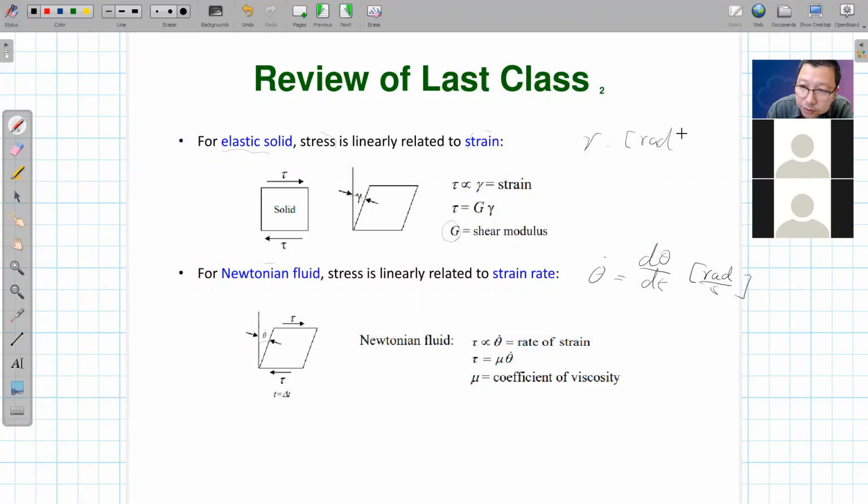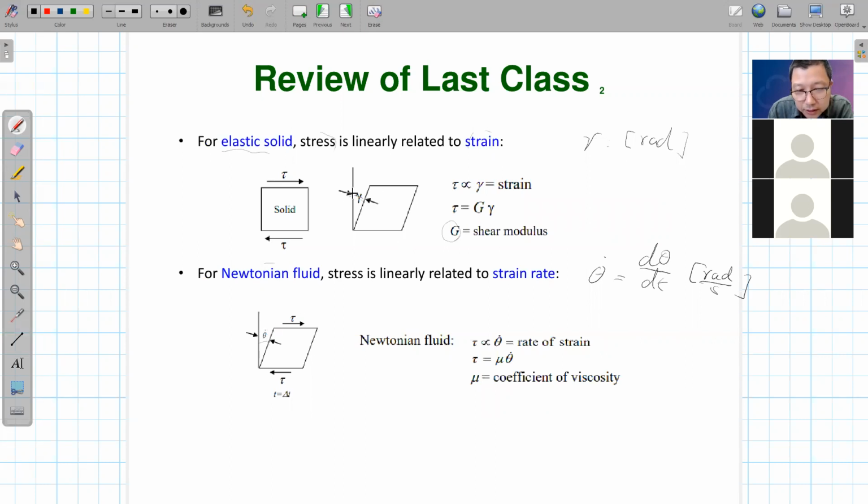So now you see the difference between solid and liquid. For liquid, stress is proportional to theta dot, in radians per second, and for solid, tau is directly proportional to the radian. You can also think of why it is theta dot: because the liquid can deform continuously, so the rate of change is more important.